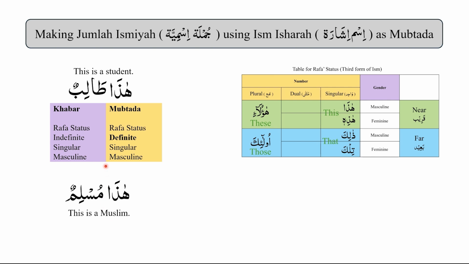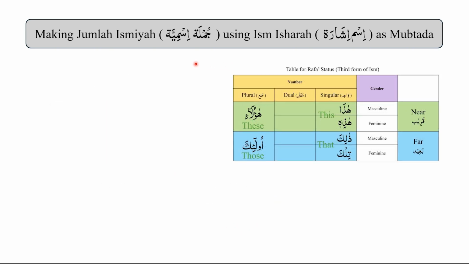It is rafa in status, indefinite, singular and masculine. Haza is mubtada and it is definite, rafa, singular and masculine, similar to the khabar. Another similar example is haza mu'minun, which means this is a mu'min.